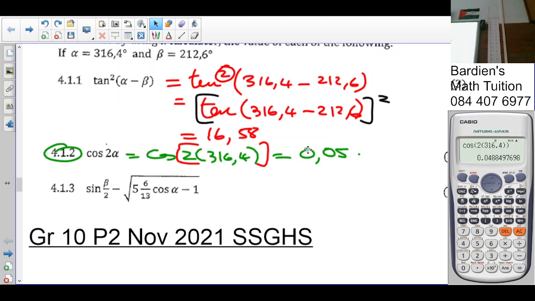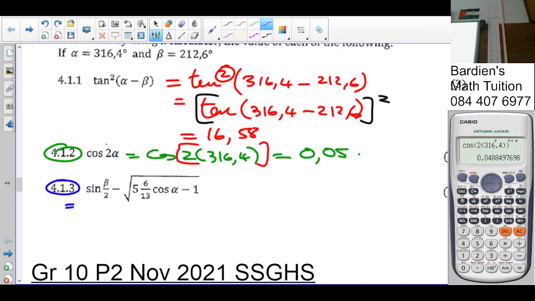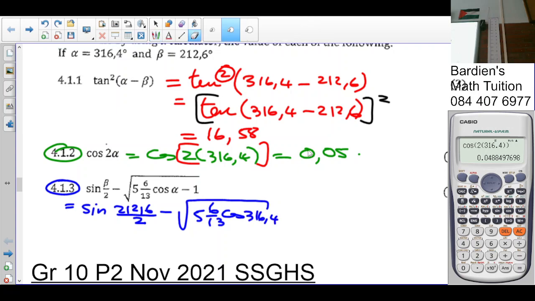Okay, the next one is going to be sine beta, which is 212.6 over 2, minus the square root of 5 and 6 over 13, cos alpha, which is 316.4, minus 1. And that's all under the root, no? So again, here I must make sure that this is in a bracket.